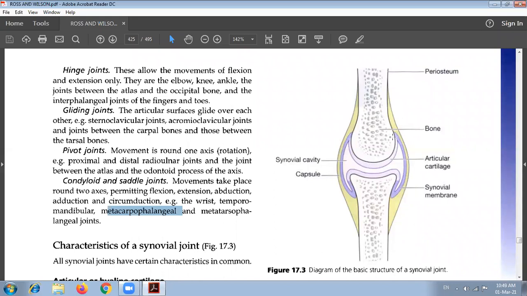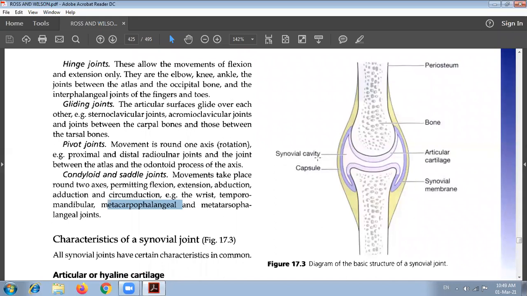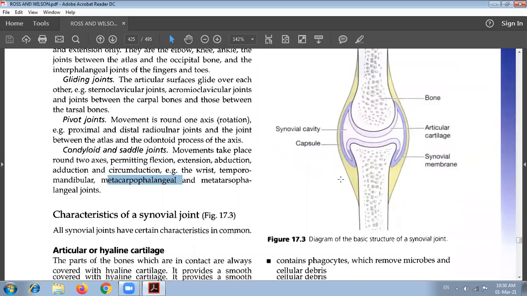So this gives special characteristics to the synovial joints: synovial cavity, synovial capsule, articular cartilages and synovial membrane.